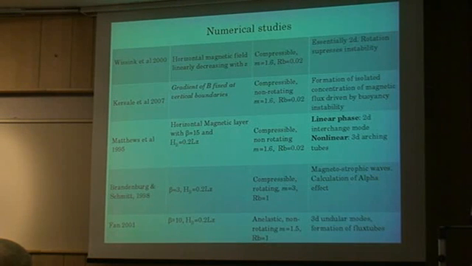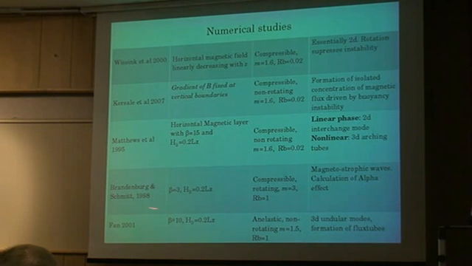And these are subsequent numerical studies. The first two of them deal with magnetic fields which vary smoothly, for example, with a linear profile from the top to the bottom of the box. And they all lead to formation of isolated magnetic flux tubes. Some of these studies are compressible, rotating or non-rotating, and some of them are anelastic.